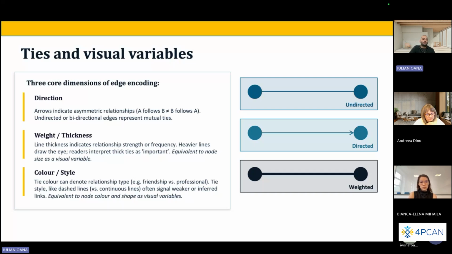So people will look at a dashed line versus a straight continuous line, and will say, well, this must be less important, because uninterrupted lines are also interpreted, like in the case of thickness, uninterrupted lines or continuous lines are interpreted as more important than those dashed lines.